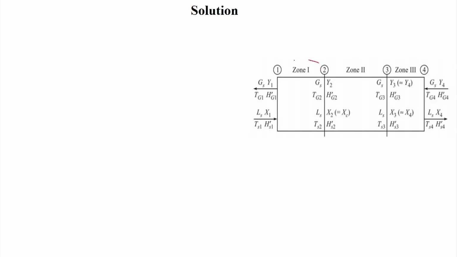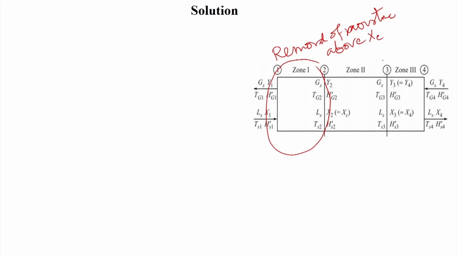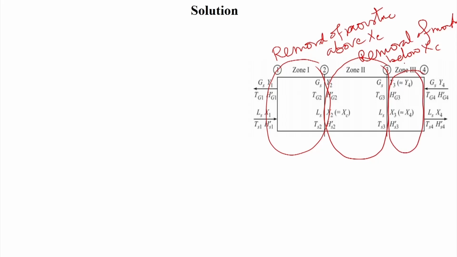In zone 1, we have removal of moisture above X C, and in zone 2, removal of moisture below X C, and in zone 3 only heating of the solid to the exit temperature. So, these are the 3 zones.